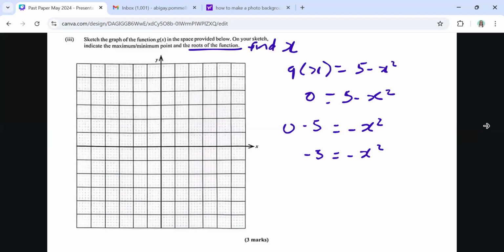Then I am going to find out what x is by square rooting. So if I square root this, I get x. And if I square root the 5, I will get positive or negative square root.